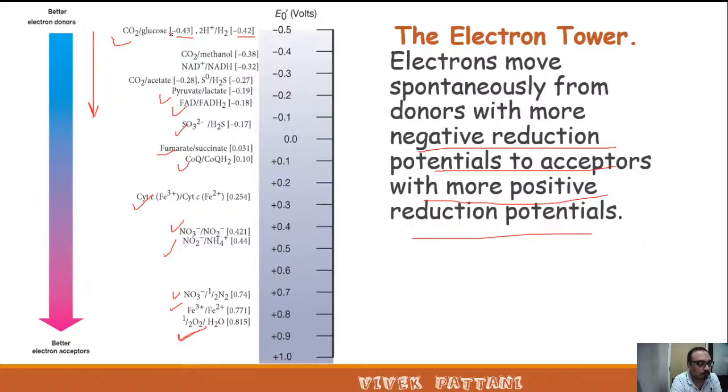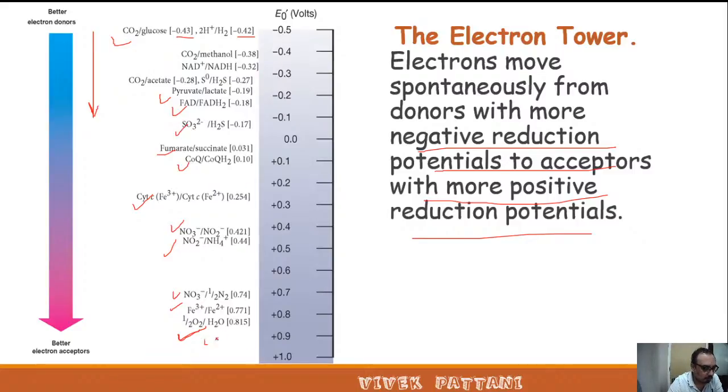By identifying which type of compound is involved as electron donors and acceptors, you can find out easily whether an organism is aerobic or anaerobic.